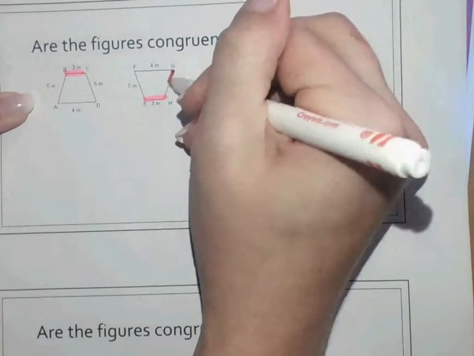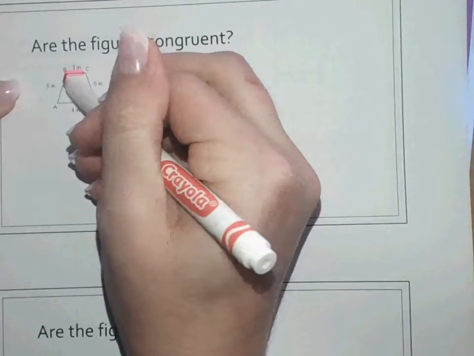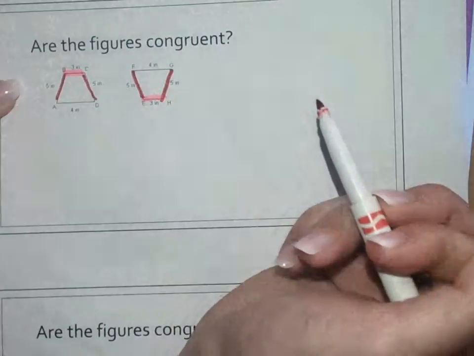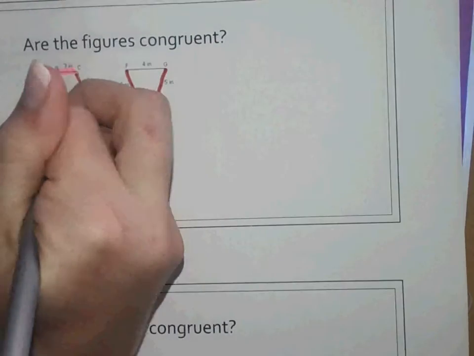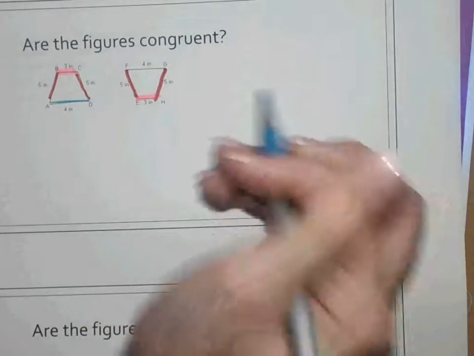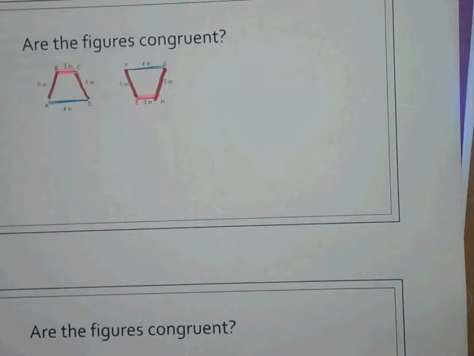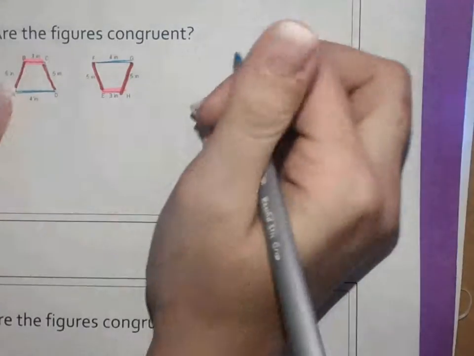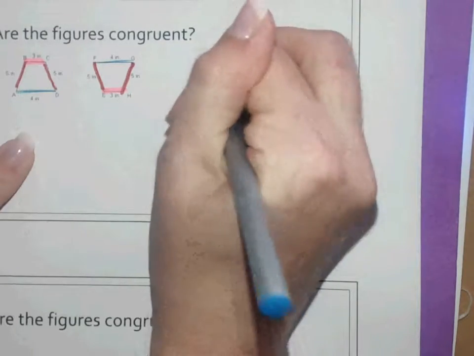Okay, I see that both sides here are 5 inches. So I'll check over here. Both of these are 5 inches. And then our last side measurement is 4 inches and 4 inches. Because all of these sides match up and are congruent, I can go through and say this is a quadrilateral.